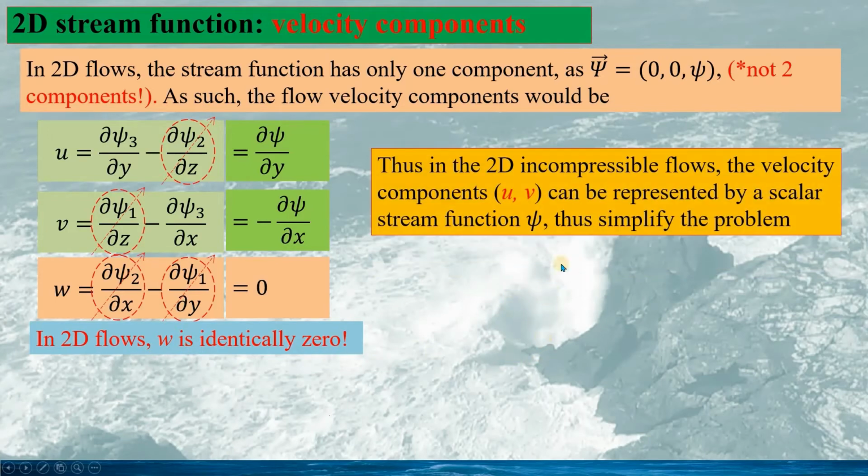Thus, in the 2D incompressible flow, the velocity components u and v can be expressed by a scalar stream function psi. Thus, it can simplify the problem. One scalar stream function psi represents two velocity components u and v, very similar to the scalar velocity potential function for the three velocity components.